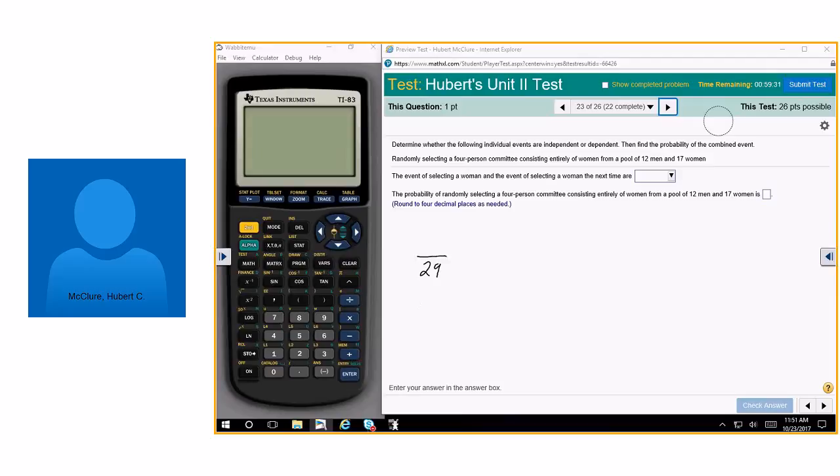And how many women do you got? 17. What's the next one? 15 over. And 14 over. And somebody crank that out for me.